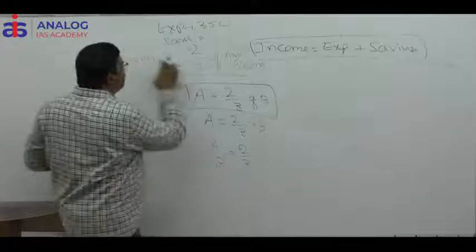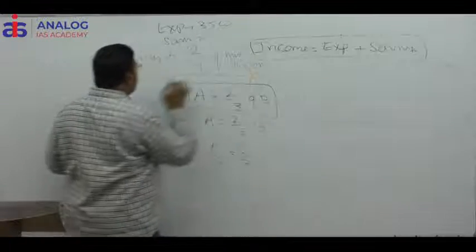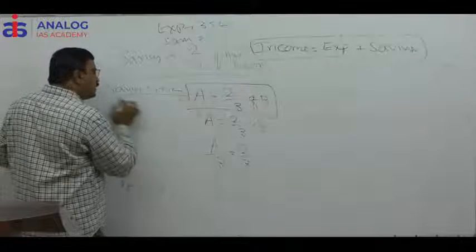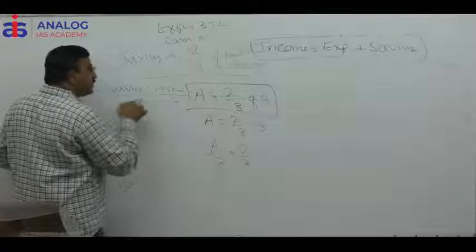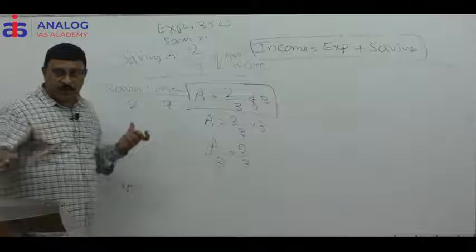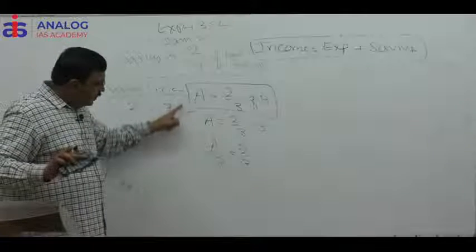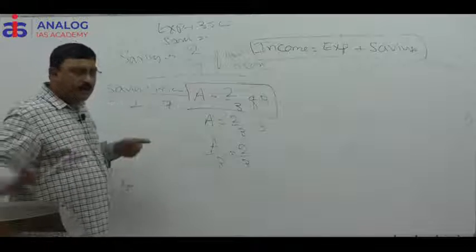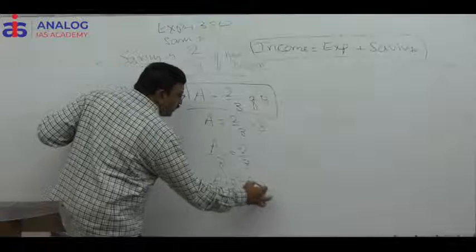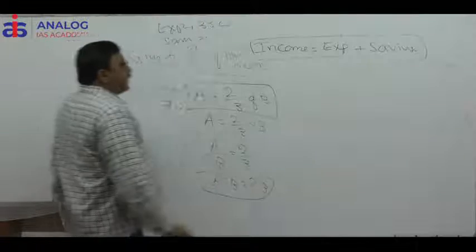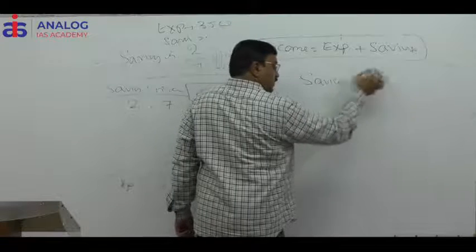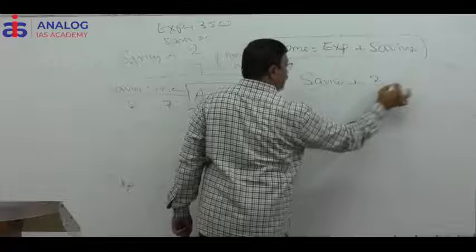Now, savings is 2/7 of his income means the savings to income ratio is how much? Directly 2:7. Income is 7 rupees, savings is 2 rupees. What about expenditure? 5 rupees. Understood, right? So first you make a note of this one. Later on, you have to say directly A is to B is 2:3 like this. In the same way, I am writing here again, savings is 2 by 7th of income.